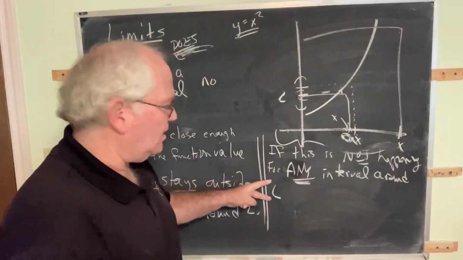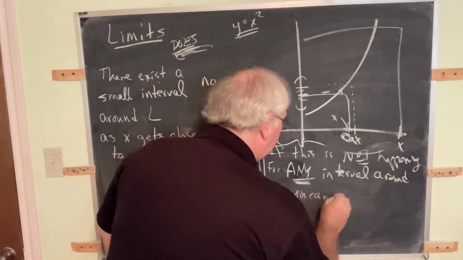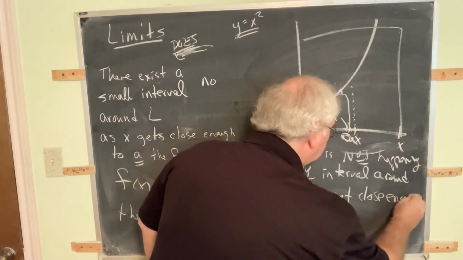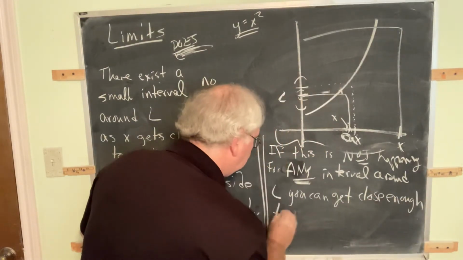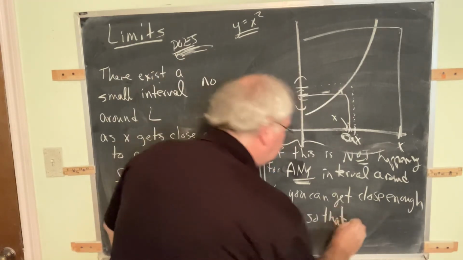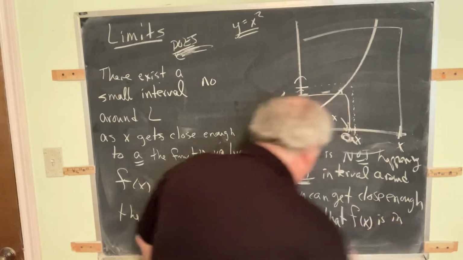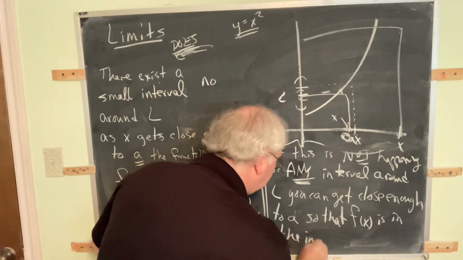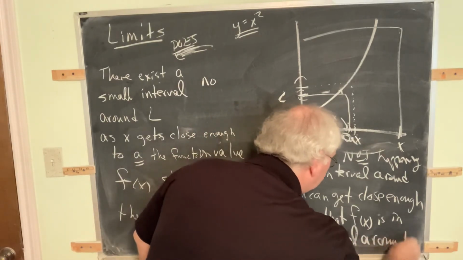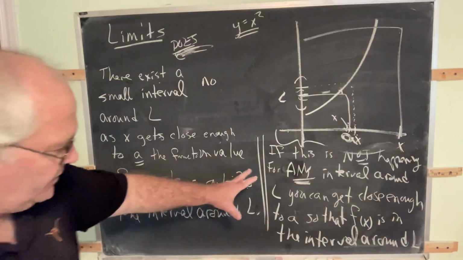For any interval around L, you can get close enough to A so that f of x is in the interval around L, just enough space around L. Now pretend you can actually read my handwriting.